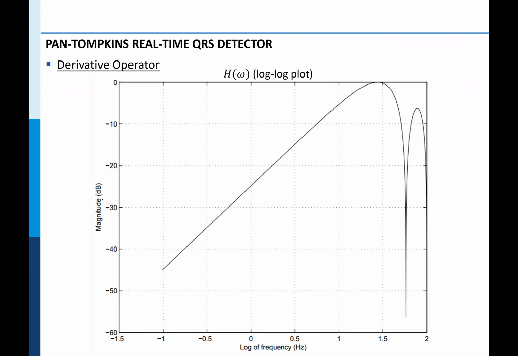Okay? It's linear, so it's giving the idea that it's doing a very good job in terms of acting like a high-pass filter, because as the frequency is increasing on the x-axis with a logarithmic scale, you see its response is also increasing linearly.